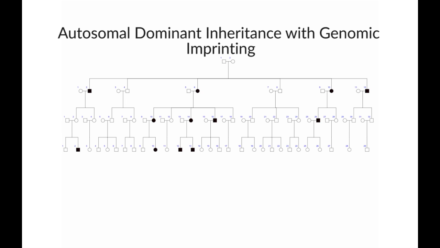So the gene is expressed only in the maternally inherited copy. So when a mother transmits this trait, her offspring who inherit it will be affected. But on the other hand, if a male transmits the trait, his offspring will be unaffected. But you see here, he must have transmitted to this daughter, who then transmitted it to her son, and he's affected.